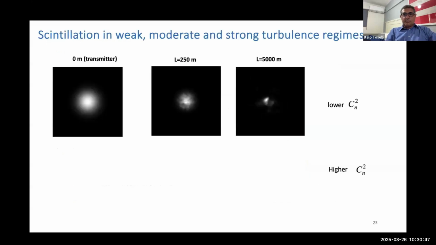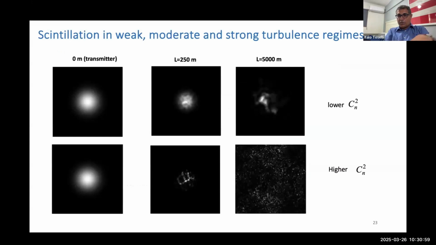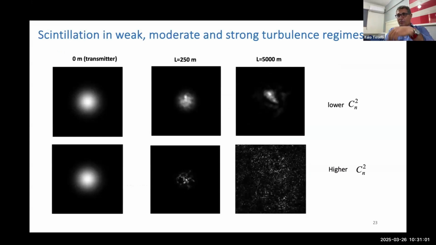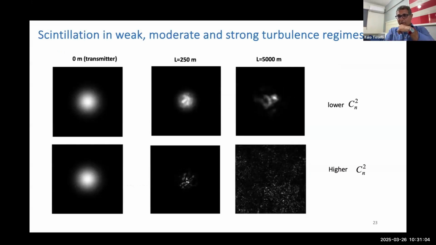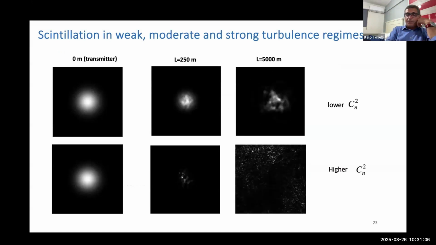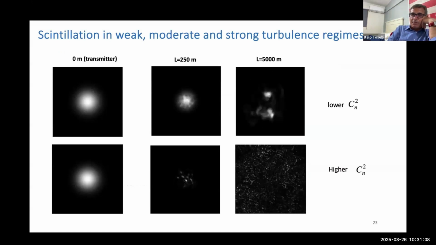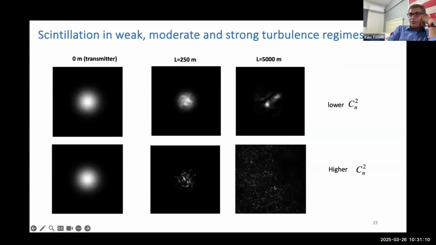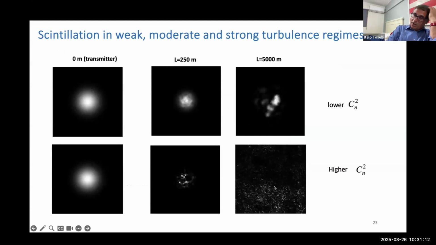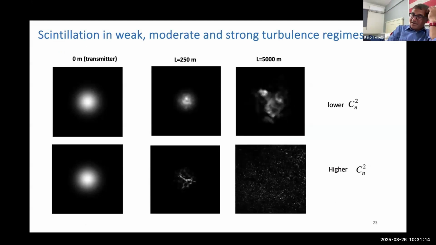Okay, here, just to give you an idea of how the beam looks. You see that at 350 meters and at 5 kilometers, so two different distances, and going down we also increase the value of Cn squared, the strength of the turbulence. You see, for example, in the bottom right, you have a beam that is totally broken, and you cannot do anything. Of course, you cannot do optical communication with this beam, right?